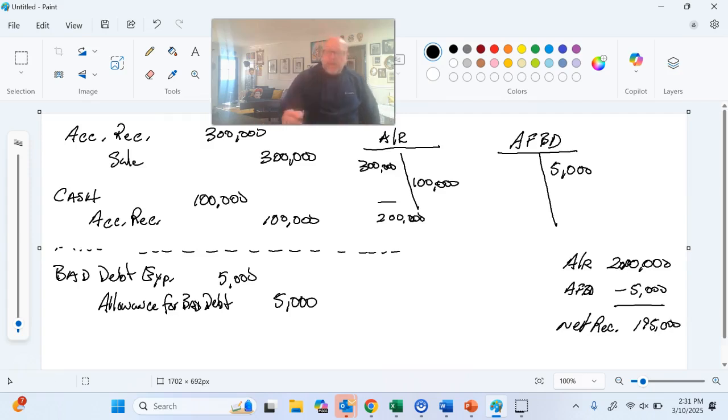But by creating this allowance for bad debt, we are able to determine what the bad debt expense is going to be in the period that we made the sales. This is a great example of the allowance approach.